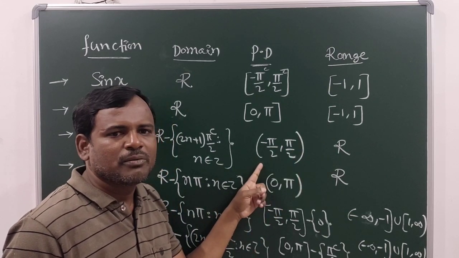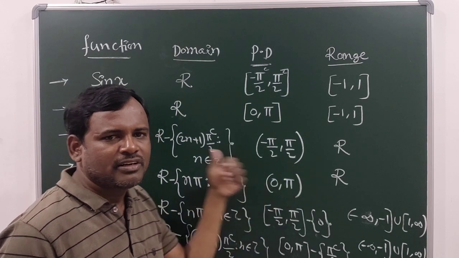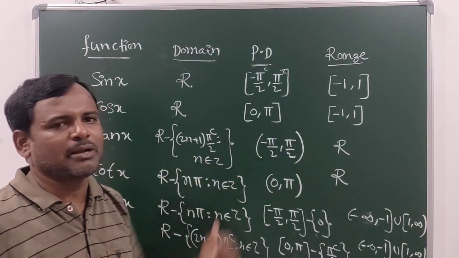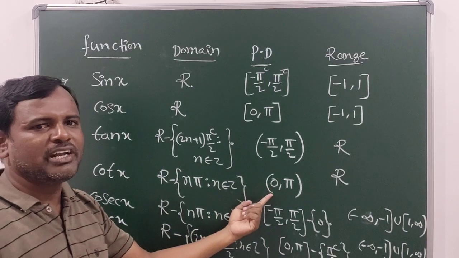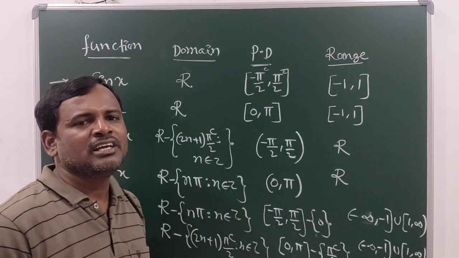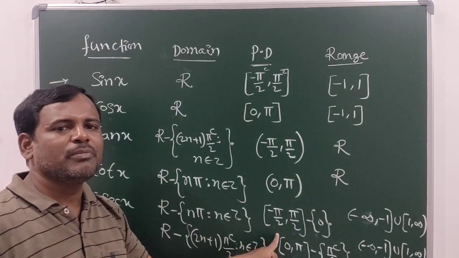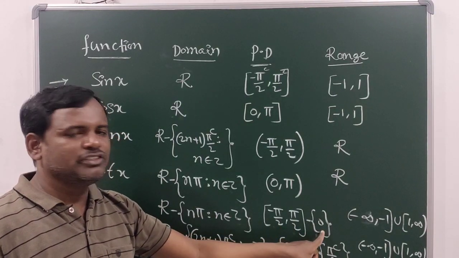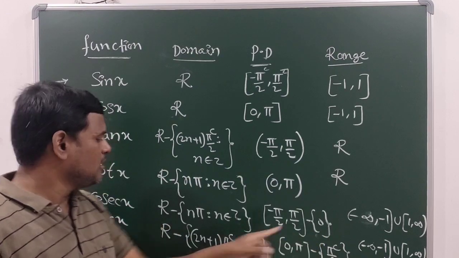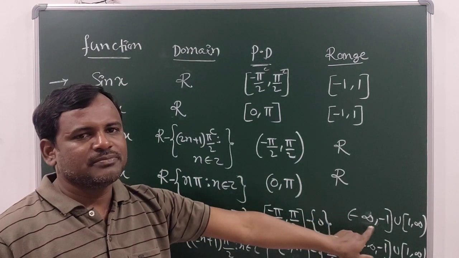Tan x principal domain is minus 90 to 90, range is capital R. Cot x principal domain is 0 to pi, range is capital R. Cosec x principal domain is minus 90 to 90, but 0 must be subtracted, and see the range.